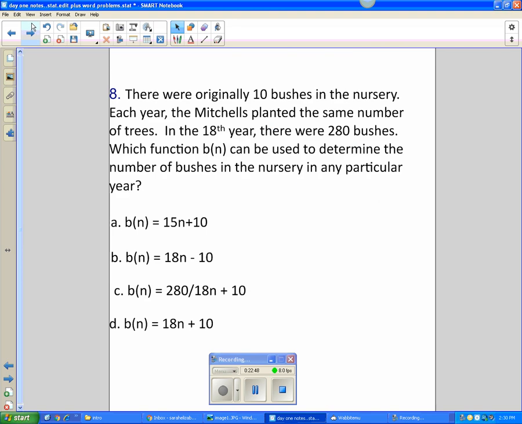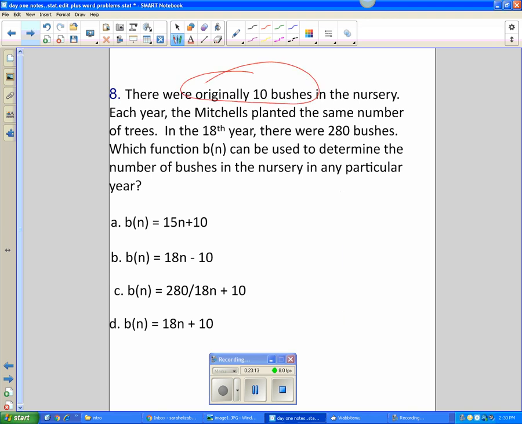All right. Number 8. There were originally 10 bushes in the nursery. Each year, the Mitchells planted the same number of trees. In the 18th year, there were 280 bushes. Which function can be used to determine the number of bushes in the nursery in any particular year? All right, Andrew, tell me something that's important in this problem. Very good.